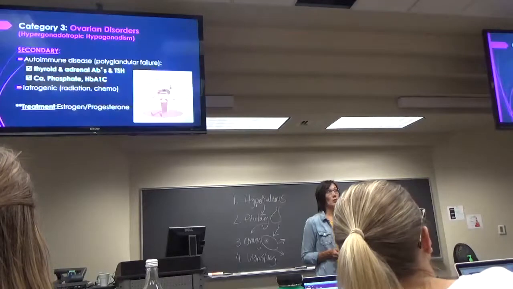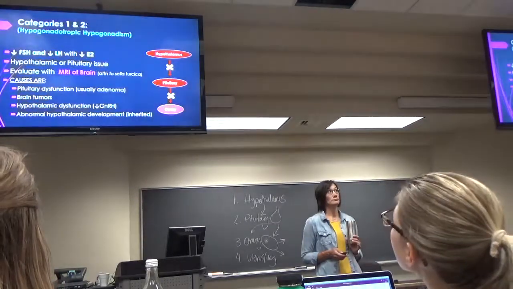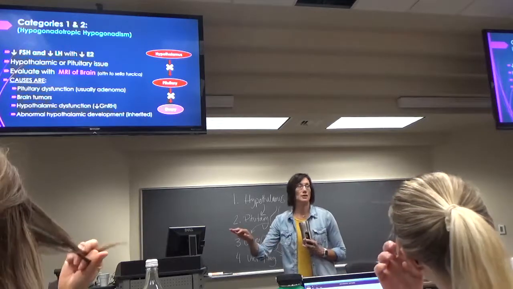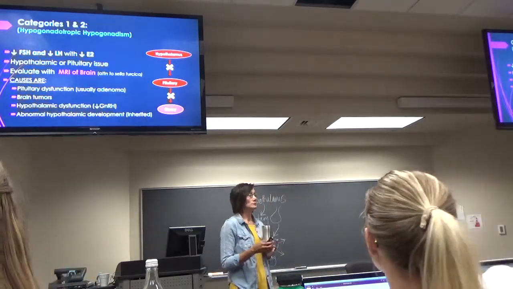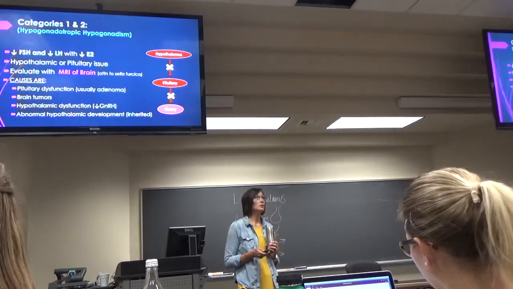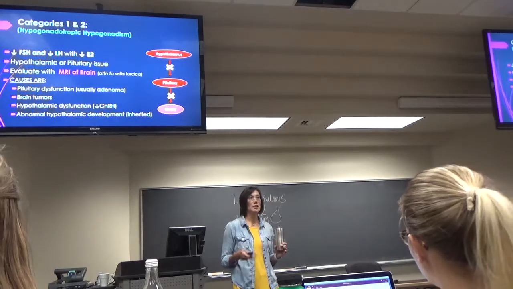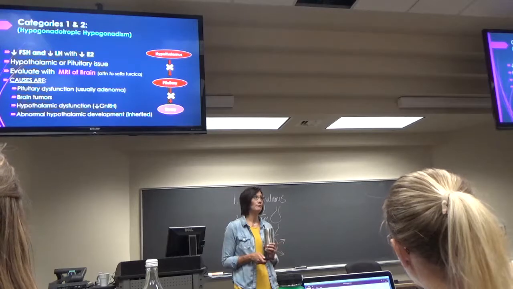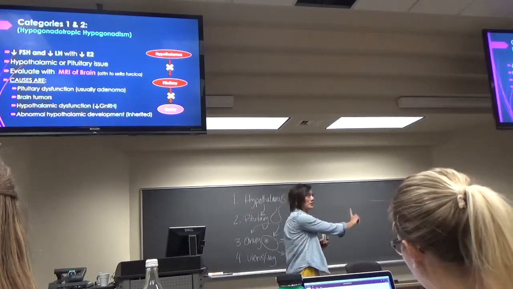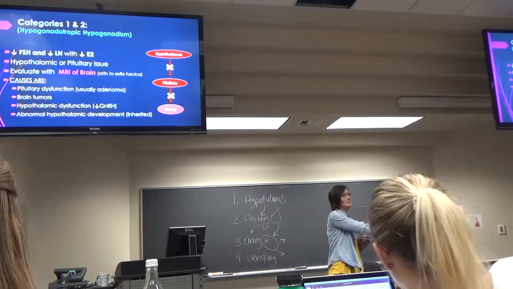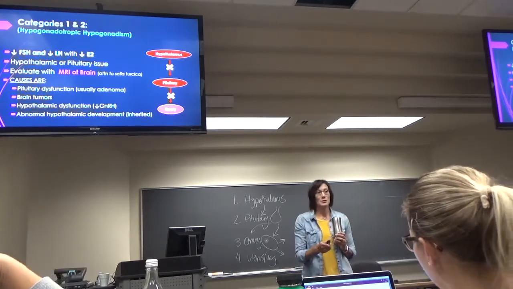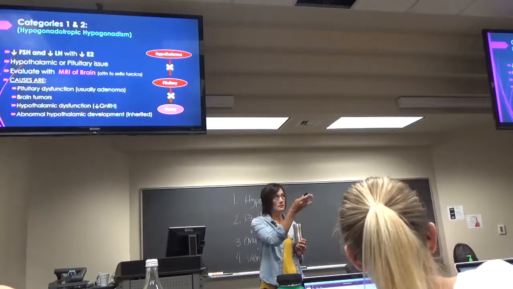That's where we're going to get an MRI of the head. This time we've got decreased stuff all across the board, but we know what's going on at the hypothalamus or the pituitary gland itself. You may not have picked this up on the prolactin earlier, which was normal, but you'll catch it here.